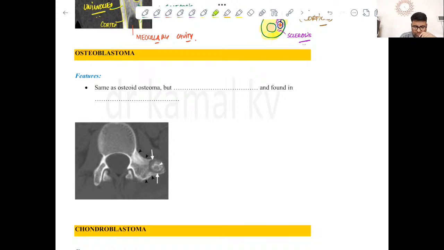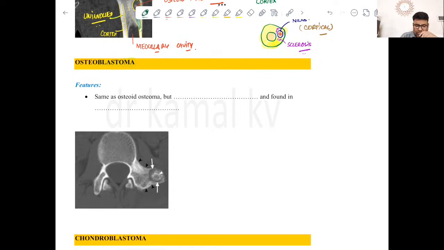So this is osteoblastoma, and this entity is also similar to osteoid osteoma in radiological appearance. And when I say similar to osteoid osteoma, it means it will also show a nidus, clear?